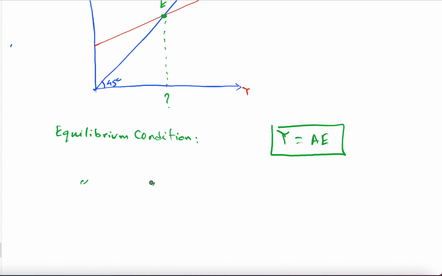Alternatively, the equilibrium condition is injections equal leakages. You may ask, where are these words coming from? Basically, in the circular flow diagram, again, I brought you back to the circular flow diagram.